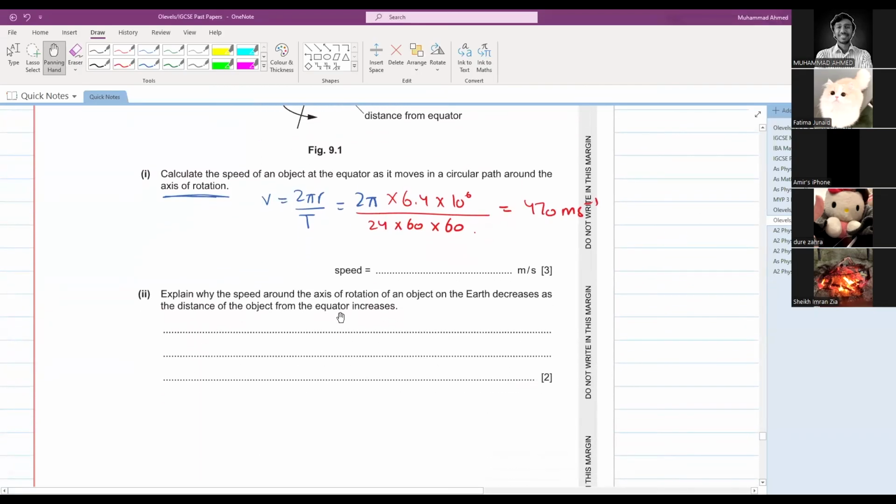Explain why the speed around the axis of rotation of an object on the earth decreases as the distance of the object from the equator increases. देखो बेटा क्या लिखा हुआ है.